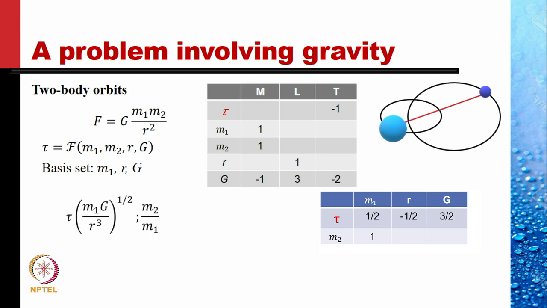So that the two parameters, the dependent pi number would be tau into m1 G by r cube raised to the power 1 half, and m2 by m1. The first one would be a function of the second one. We can manipulate this to write tau square, the time period, as r cube divided by m1 G times a function of m2 by m1.